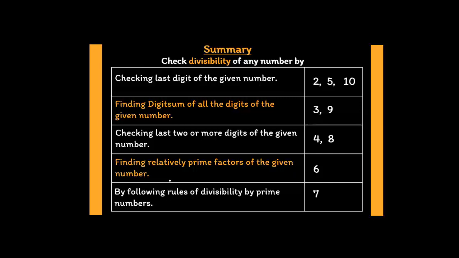And for 4 and 8, you check either the last 2 digits or the last 3 digits. And for 6, you need to find relatively prime factors and then try to find divisibility by those factors. And for 7, there is a divisibility rule by prime numbers. I haven't explained it here. I have explained 2 different methods to find divisibility by 7.